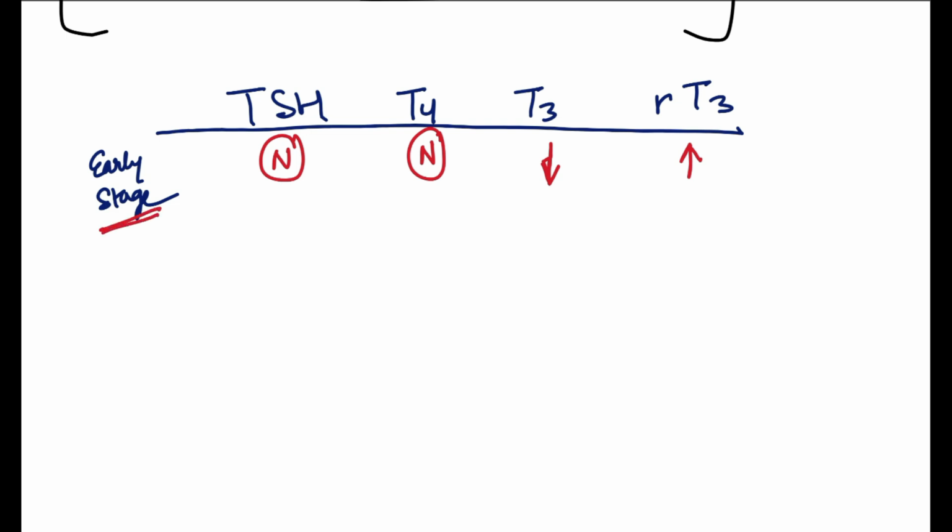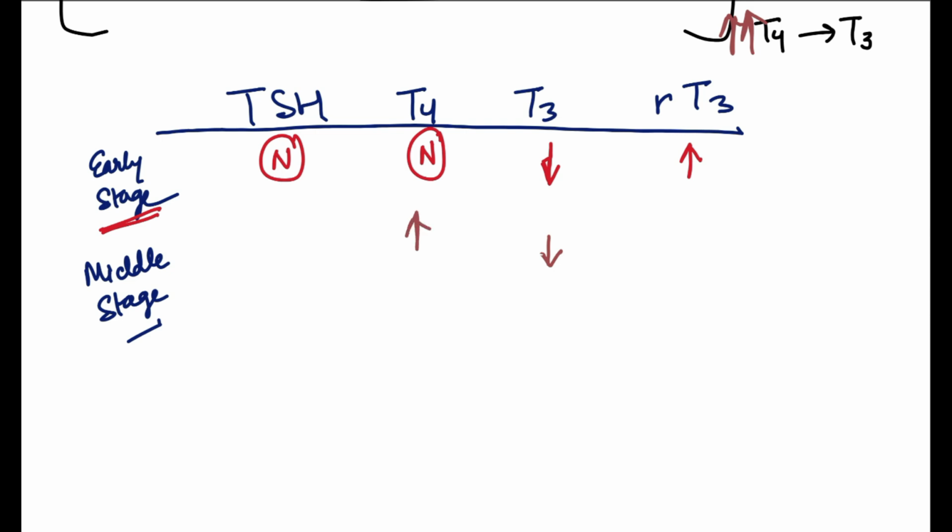This is the early stage. In the middle stage, there is decreased conversion of T4 to T3 because of inhibition of deiodinase type 2. So in the middle stage, there is still decreased level of T3 and there is increased level of T4. Because of decreased conversion of T4 to T3, there is a build up of T4.